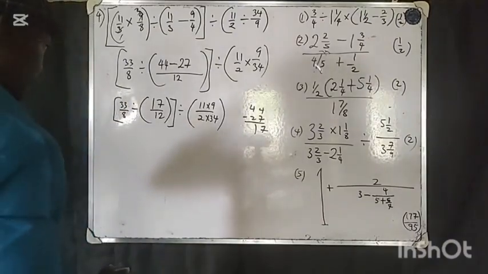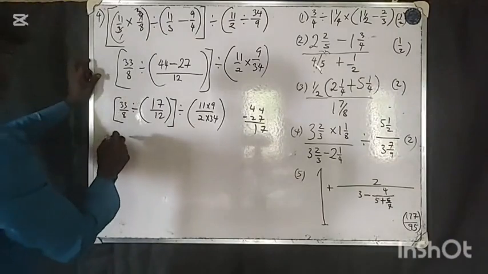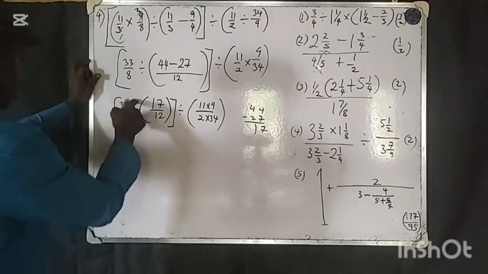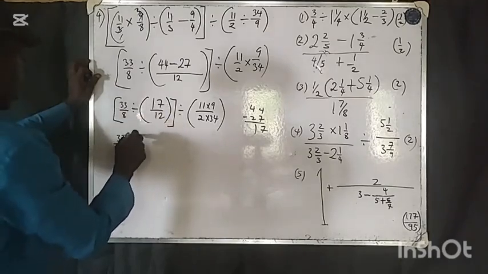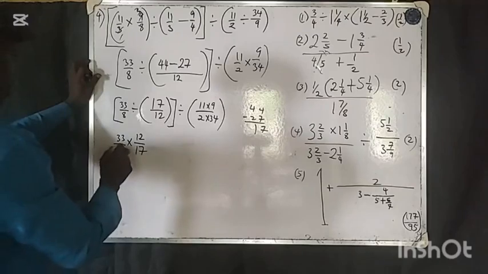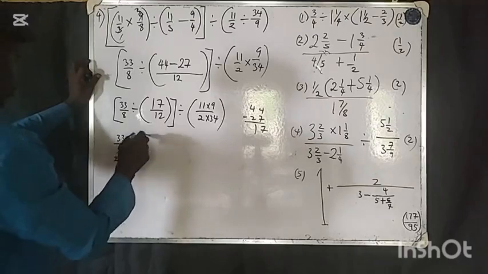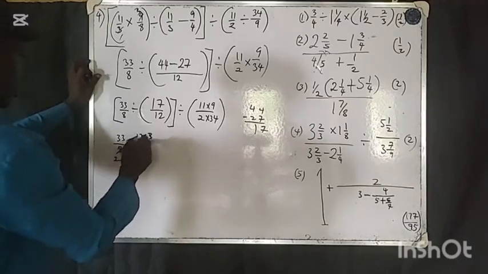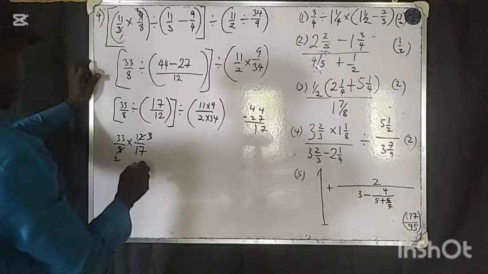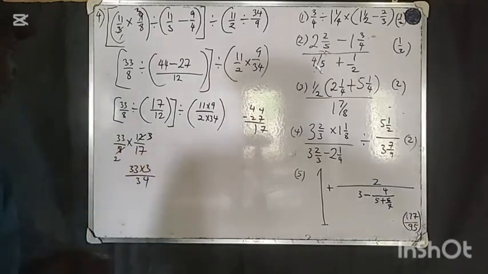So at this point, what do we do here? We say 33 over 8 times, right? Division changes to times. So 12 goes up, 12 over 17. So we can say 4 here is 2, 4 here is 3. So we are left with 3 times 3 over 34.